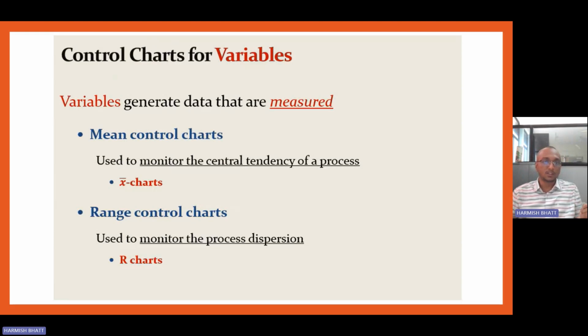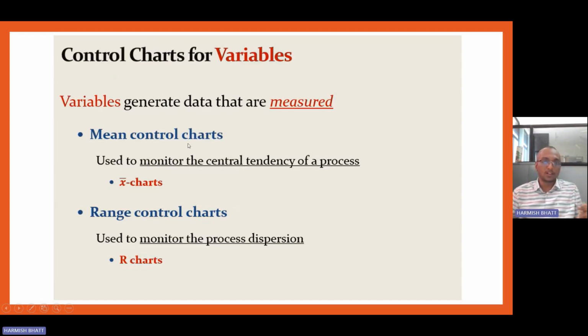The first one is the mean control chart, which is also called the X bar chart. The second type of control chart under the control charts for variables is the range control chart, which can also be called the R chart or the range chart.